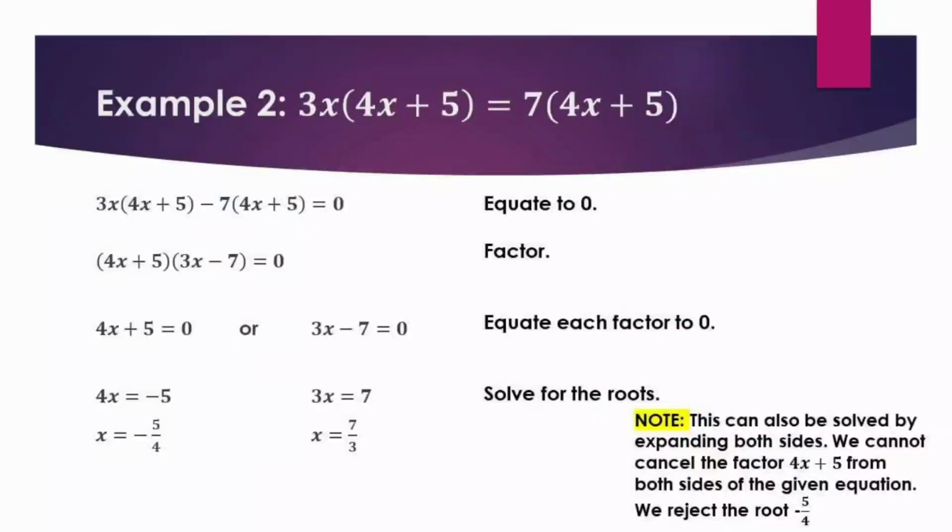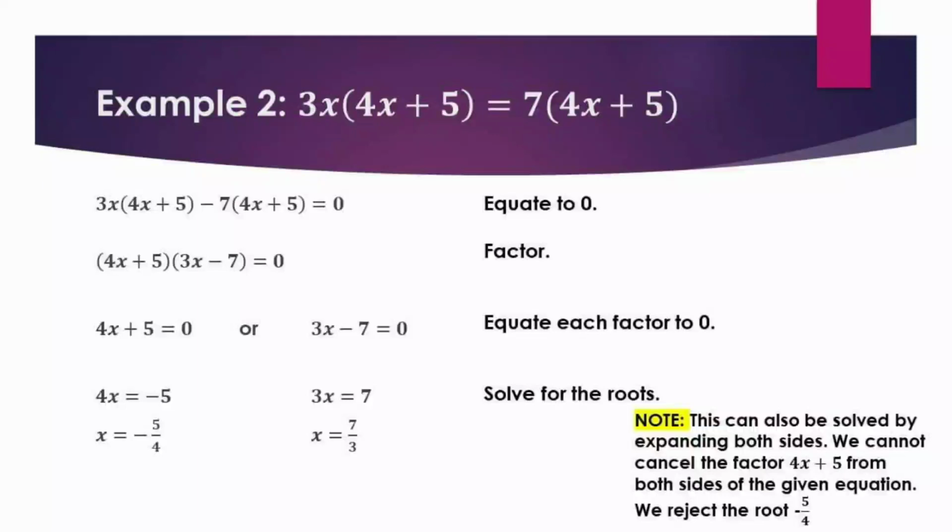For our second example, we have 3x times 4x plus 5 equals 7 times 4x plus 5. If we are going to observe the given, there are no fractions. Therefore, we can already proceed to putting all the terms to the left side.